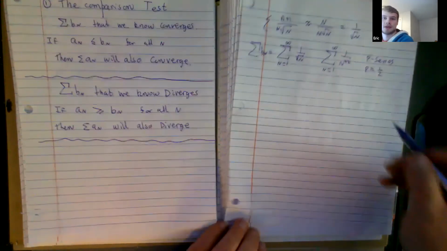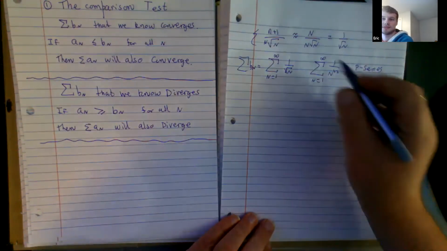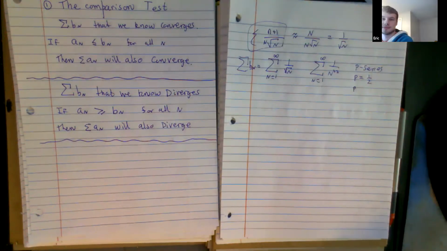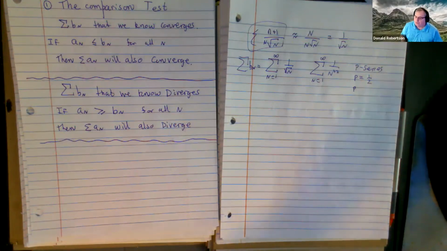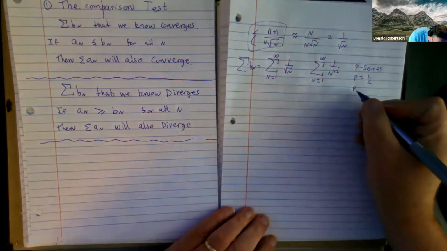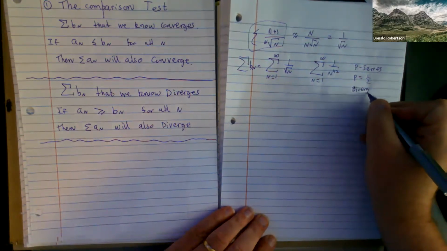Now, why couldn't you do the p-test with the original? How could you? You can't. The p-test needs it to be written as 1 over something or 5 over something, not n plus 1 over something. Okay. So this particular one diverges.